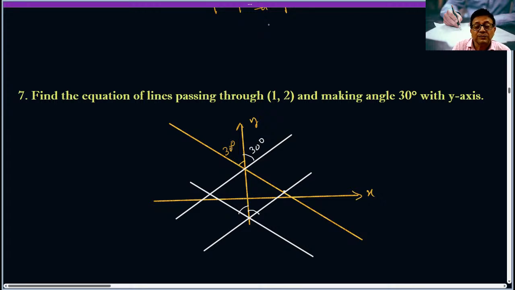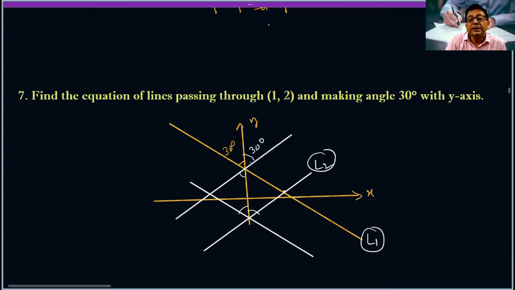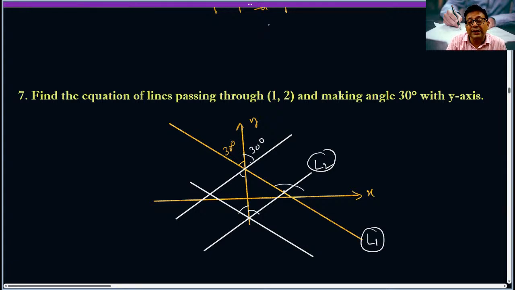How to solve it? In this case, this is 30 means this is 30. Okay, we will consider these two lines, no? These are two possible cases. In this case, we need to know this angle. How can I find? This is 30, this one 60°, this one 30°.